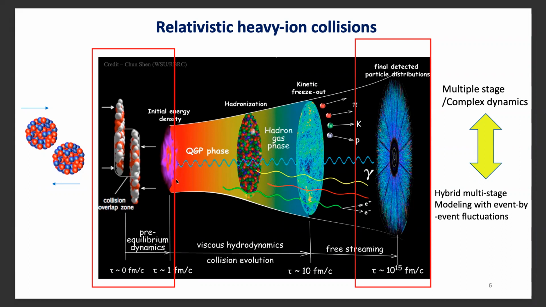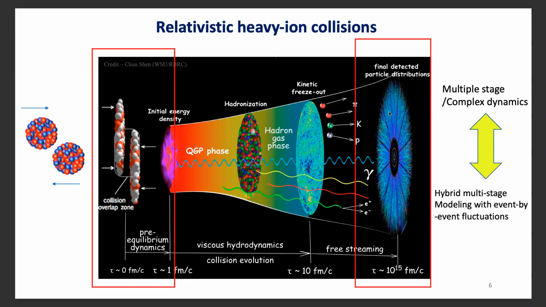And there's a QGP droplet here. After that, this QGP droplet can be described by viscous hydrodynamics. And there's hadronization, and finally after interactions between the hadrons, these hadrons can be detected by the detector.